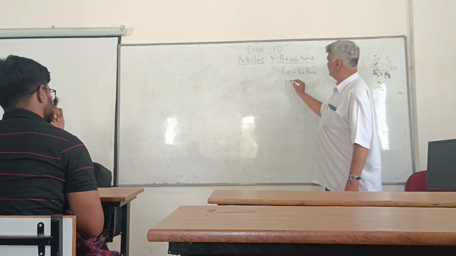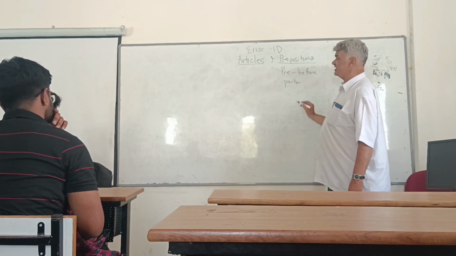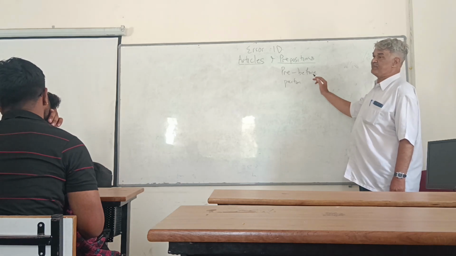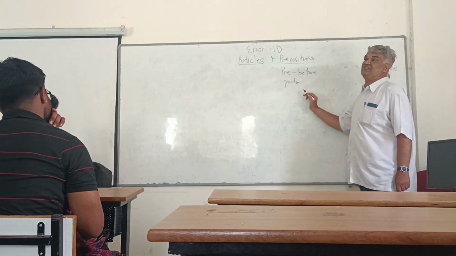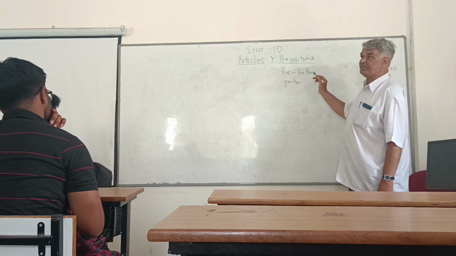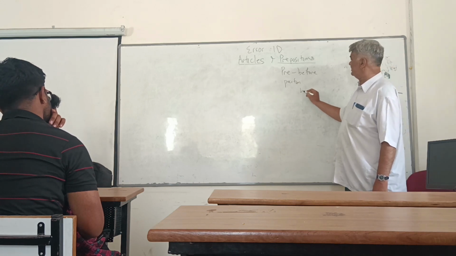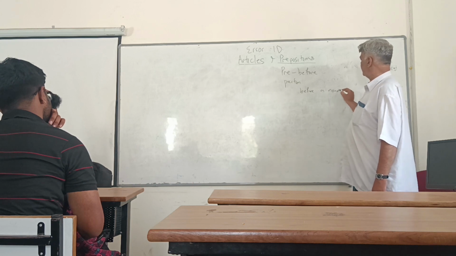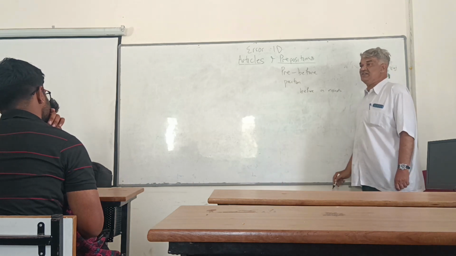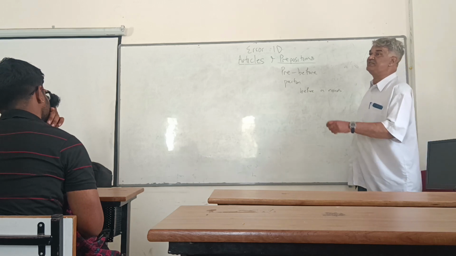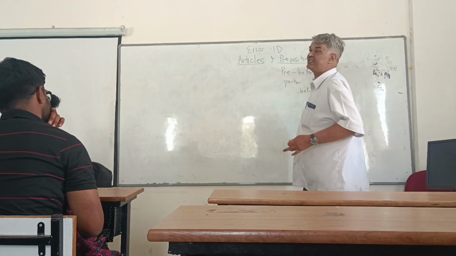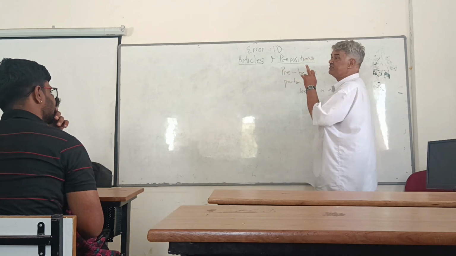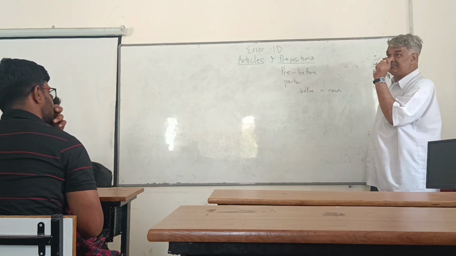And position is position. So what is the position of a preposition in the sentence? The position of a preposition in the sentence is before a noun. Nouns, as you know, can come in the beginning or end of a sentence. Ram has a book, the book belongs to Ram.